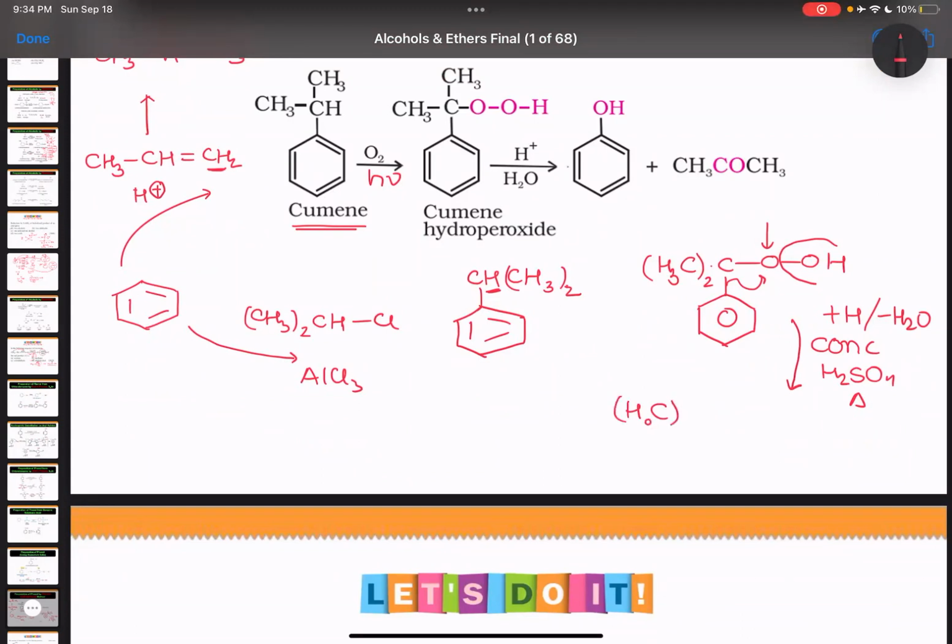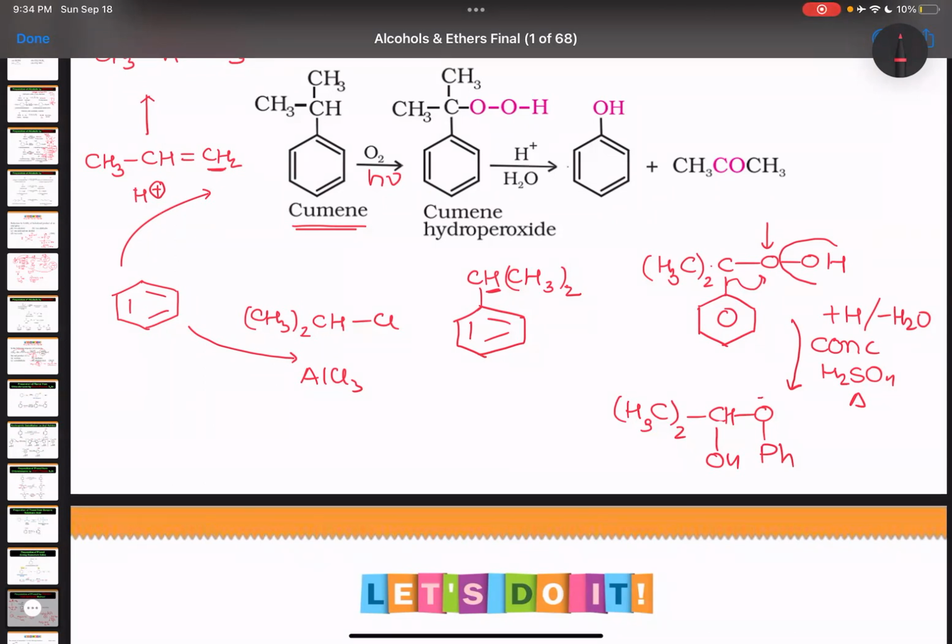Is it clear? Yes, sir. So you will have C+ and O-Ph. And because it is an aqueous medium, ultimately you will have OH connected on this. So on one carbon you have OH. The phenyl got shifted to the adjacent oxygen because of the removal of the OH group as water.